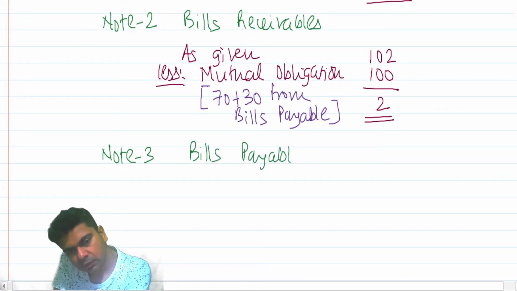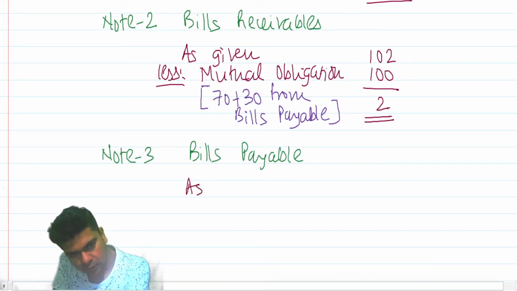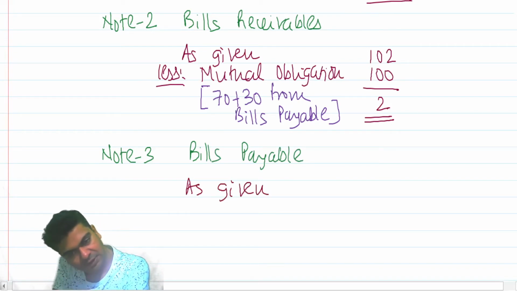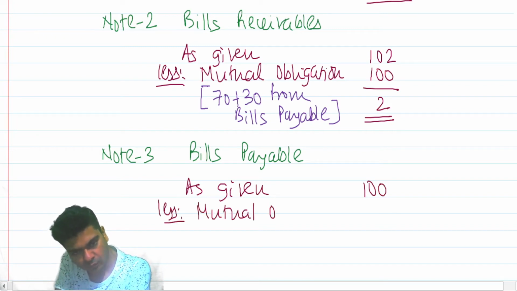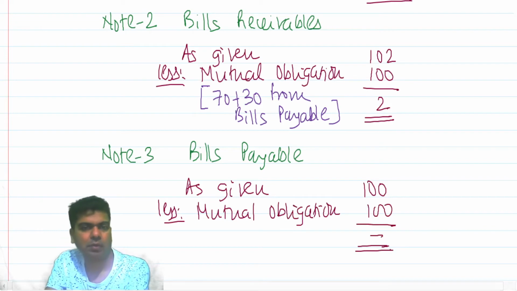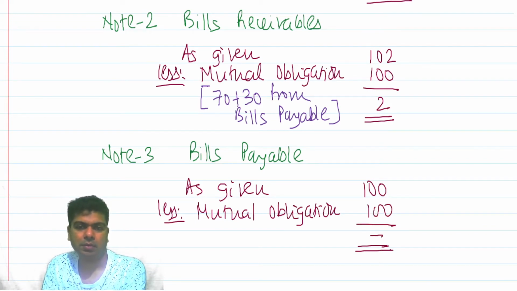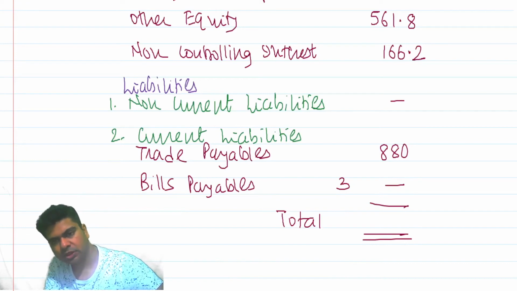Bills payable as given. We already know the figures, 100, and entire 100 is mutual obligation. Put a blank, take a total.